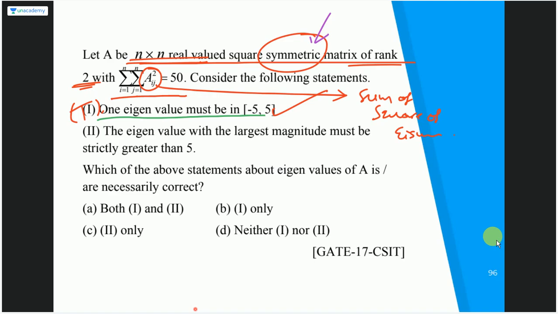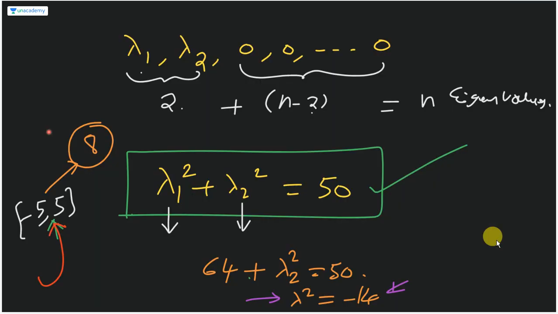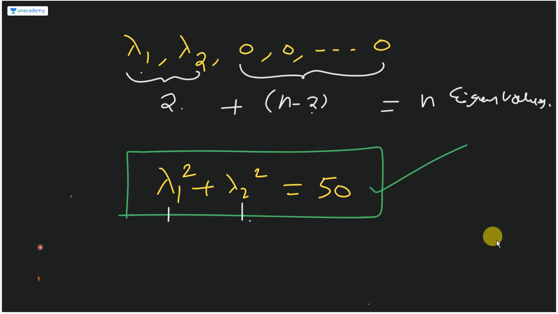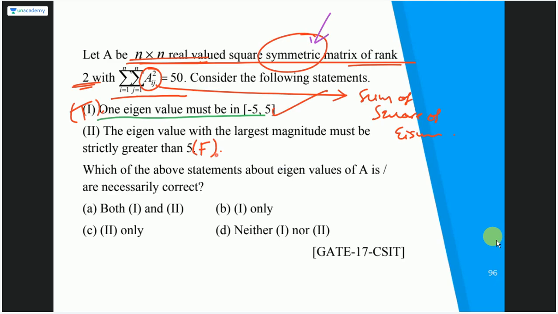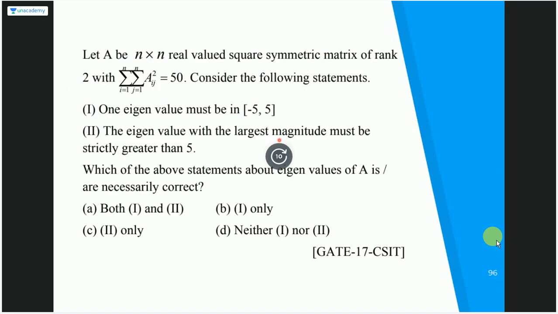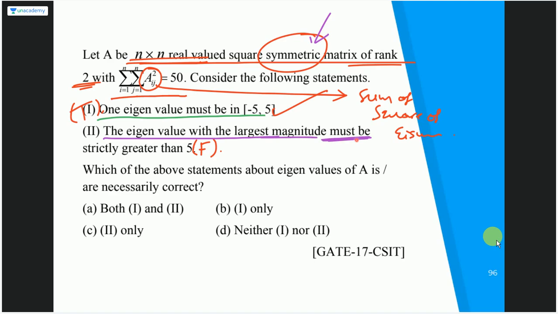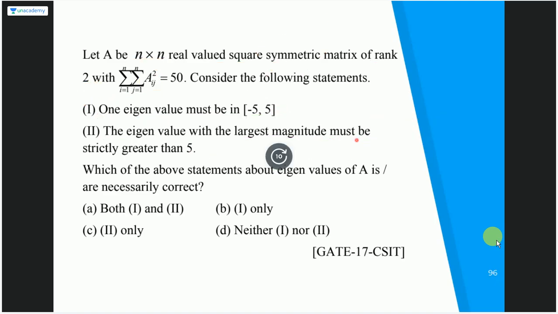Here you have taken 8, and because of that 8 you got a contradiction. Understood the logic? It is not suitable for every largest eigenvalue: for 9, 10, 11 like that. That's why the statement is false.